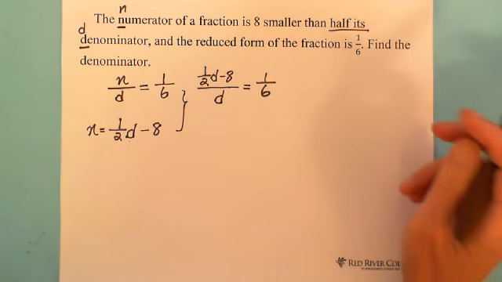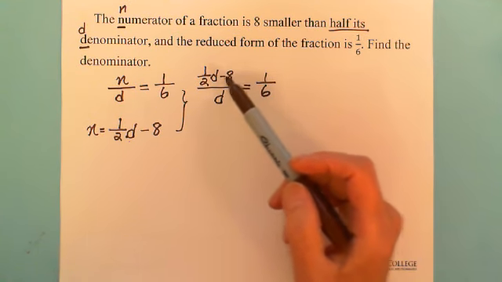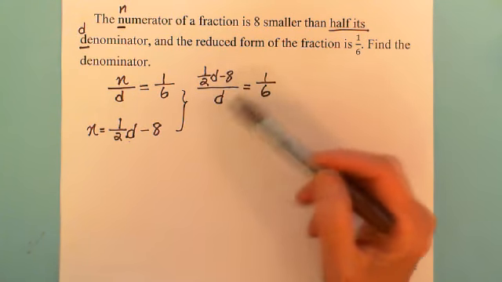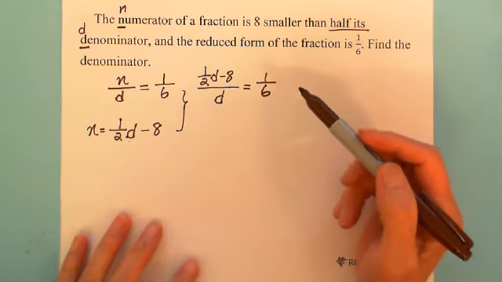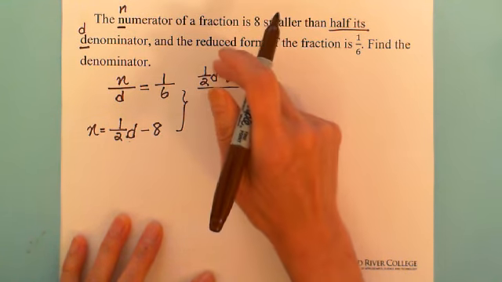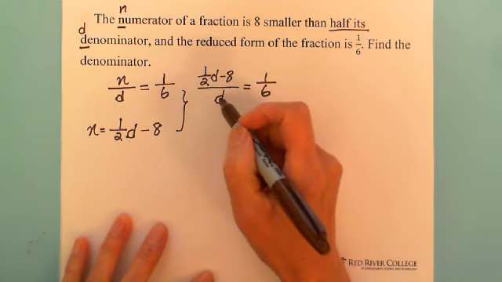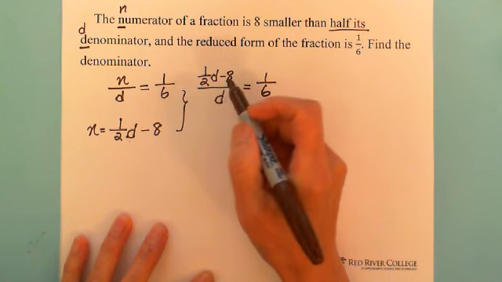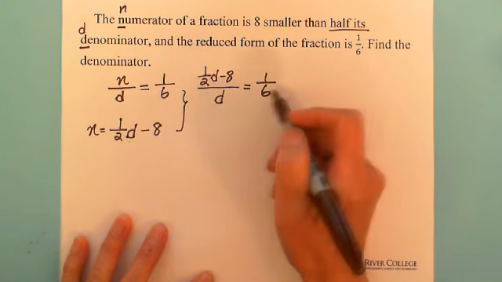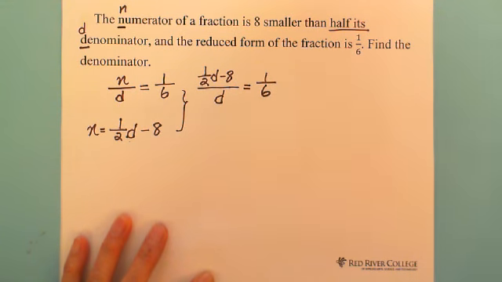How to solve this equation? This looks complicated, since the top has a fraction, but it's okay. We can simplify this expression by cross multiplication, or we can simplify the left side by multiplying by d to eliminate the d. So let's do it this way.